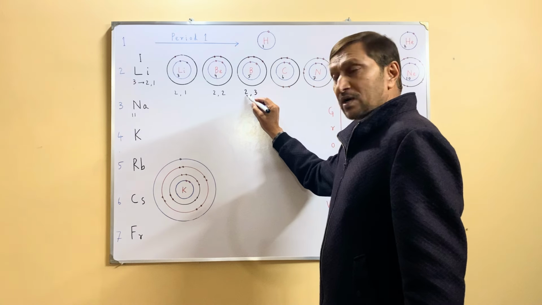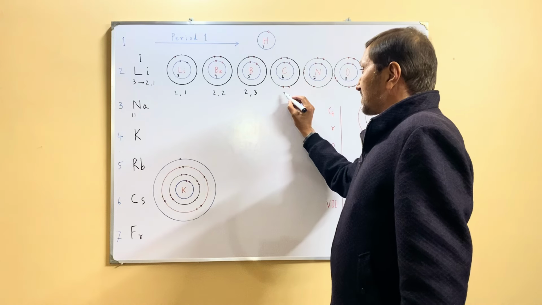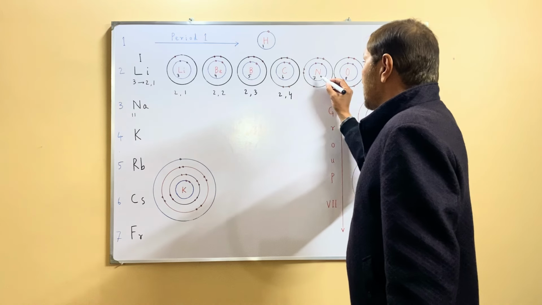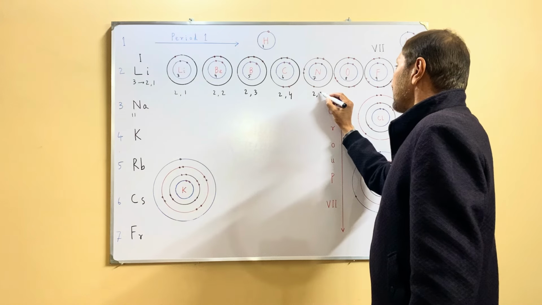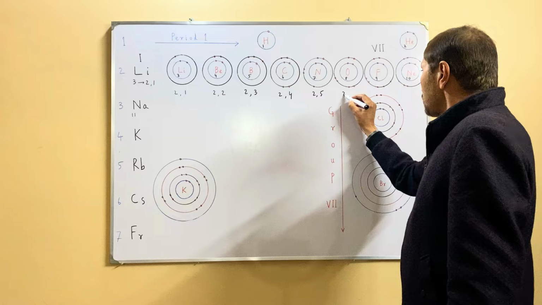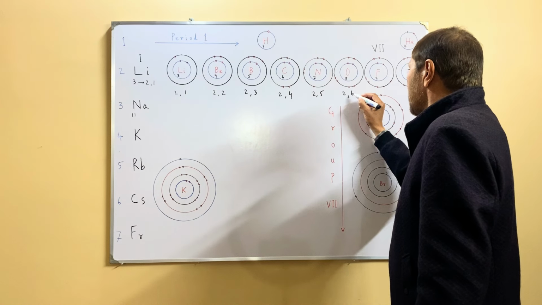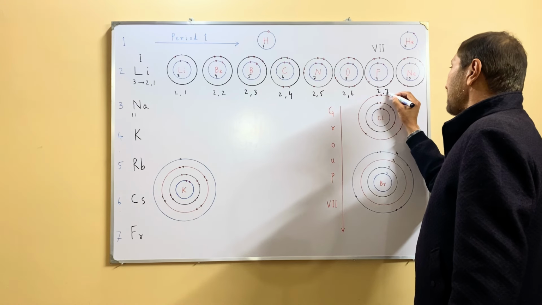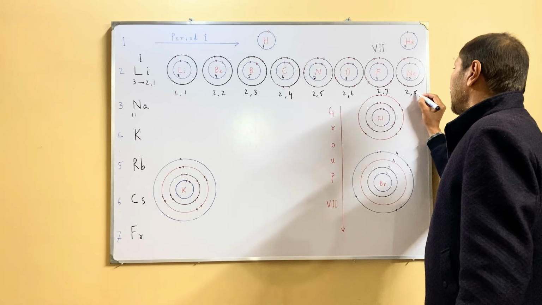In first shell 2, in second shell 3 electrons. 6 electrons in carbon, 2, 4. 7 electrons in nitrogen, 2, 5. 8 electrons in oxygen, 2, 6. 9 electrons in fluorine, 2, 7, and 10 electrons in neon, 2 and 8.